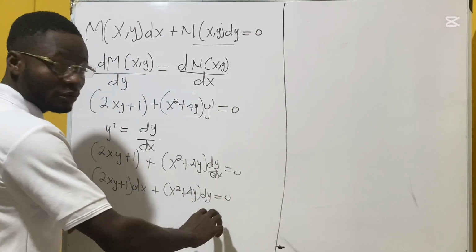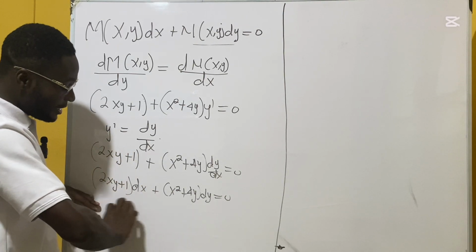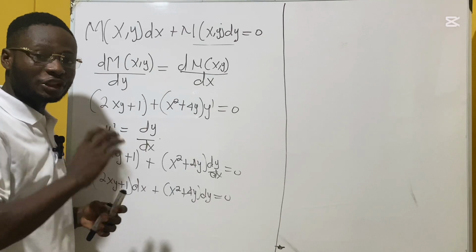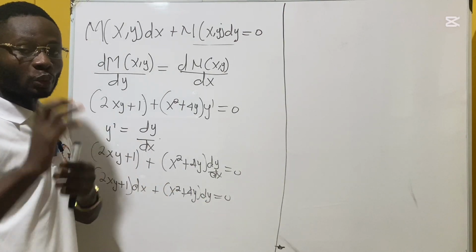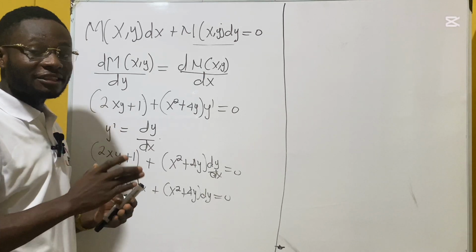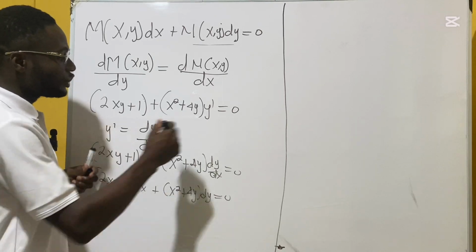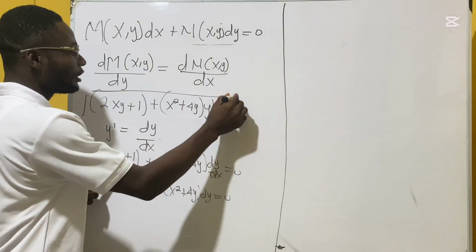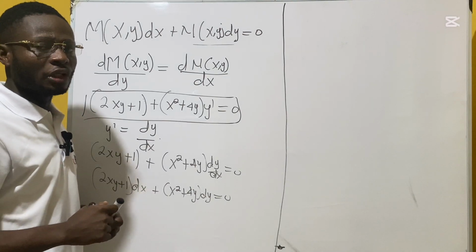We are going to differentiate this particular function with respect to y, then we differentiate this one with respect to x. If both terms give us the same result, then we can conclude that this particular equation is indeed an exact differential equation.